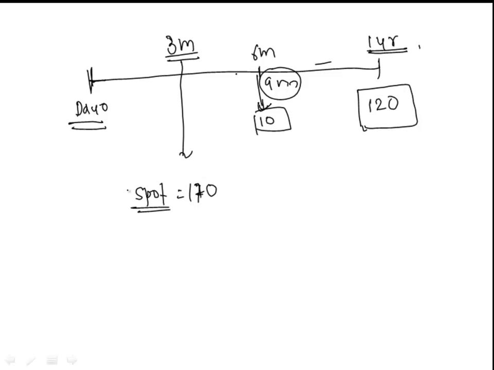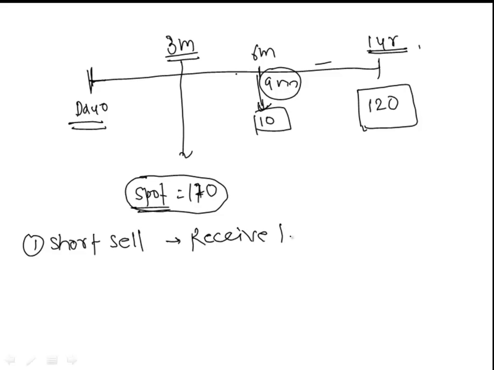Now, what you think is, what if I short sell the spot today? If you short sell this security, what you would receive is 170 rupees. But the problem is that I have short sold the security, and I will be buying it back at this time.